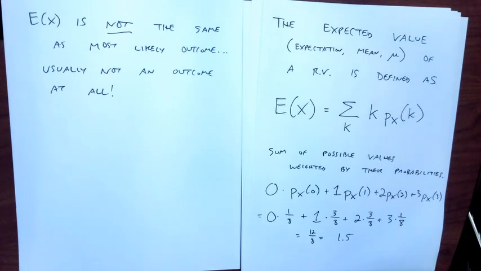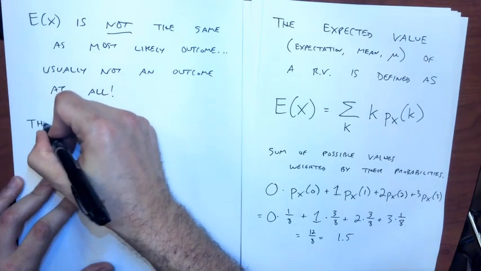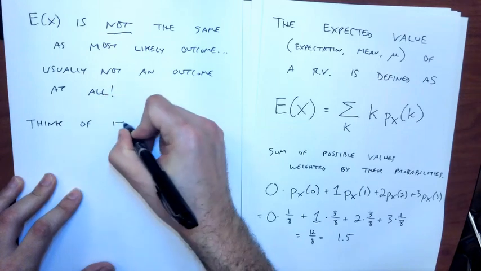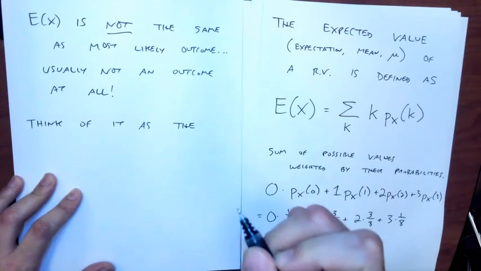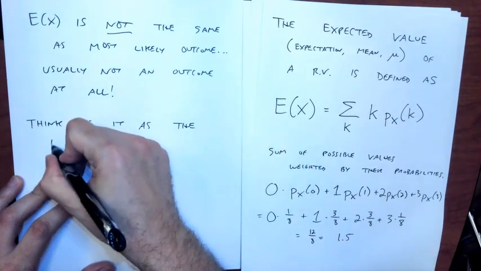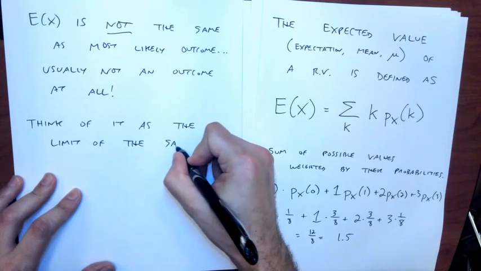Instead, the way I think about this is that the expected value is kind of like the long-term limit of what I would get if I saw a whole bunch of experiments, right? So basically, think of it like this. Think of it as the limit of the sample mean.